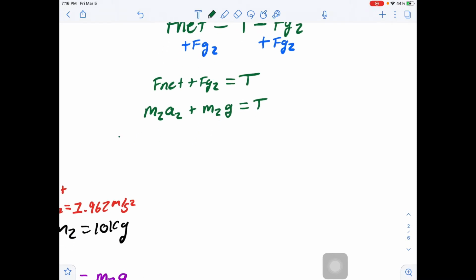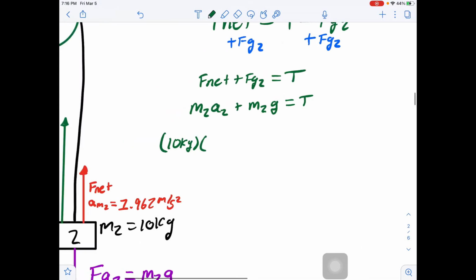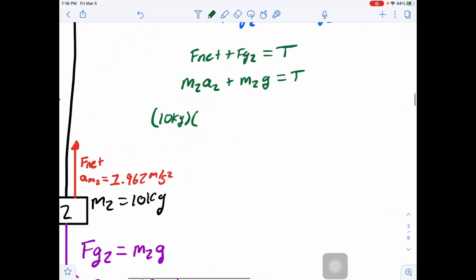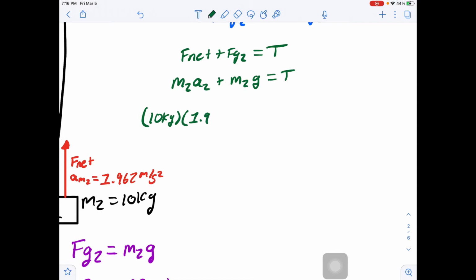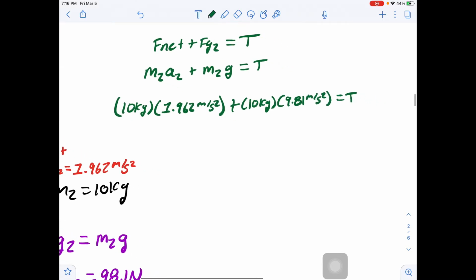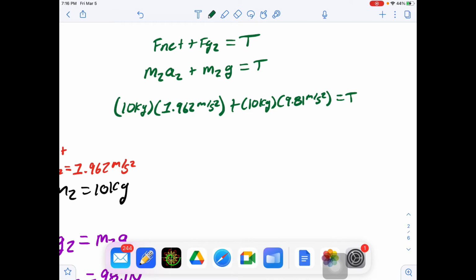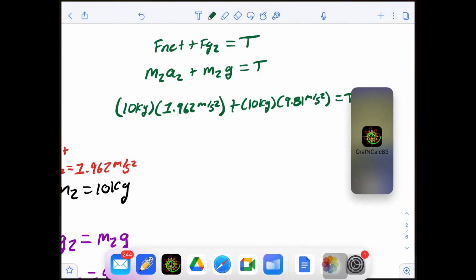So mass of 2 is 10 kilograms times the acceleration, which we know is 1.962 meters per second squared. We found that in the last video. Plus the mass of 2, 10 kilograms, times 9.81 meters per second squared. And this is going to equal the tension. So let's plug all these calculations in.